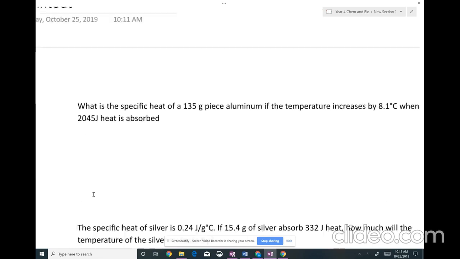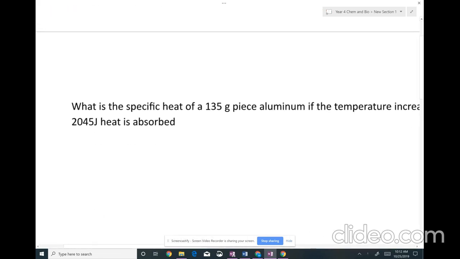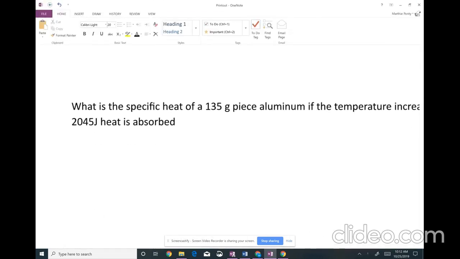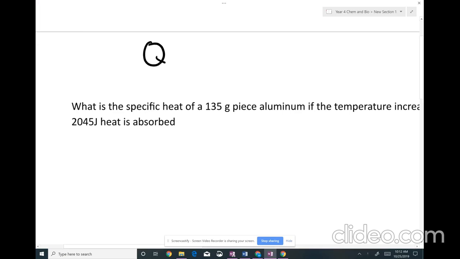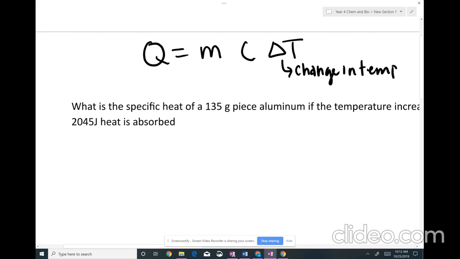Okay, so first and foremost, as a recap, we have the equation that we're working with, which is Q is equal to MC delta T. Delta T is going to be our change in temperature, and that is going to be in Kelvin or Celsius. C is specific heat.